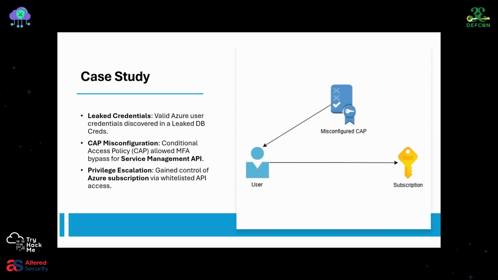Then we have the case study. So I was doing an external network pen test with my team. There we identified that there are certain leaked credentials available to us for that particular target domain. Because it's an external test, we don't know the architecture of that company.